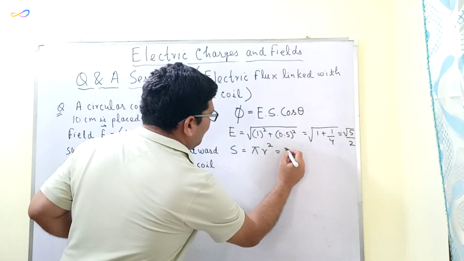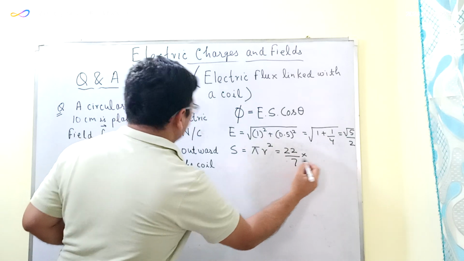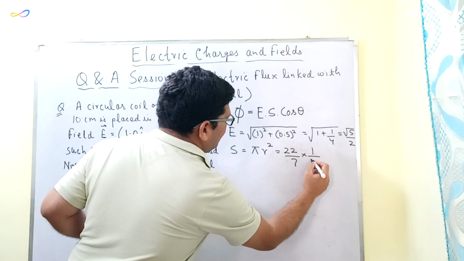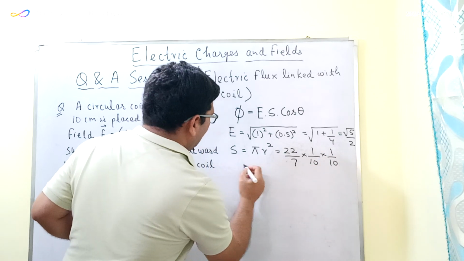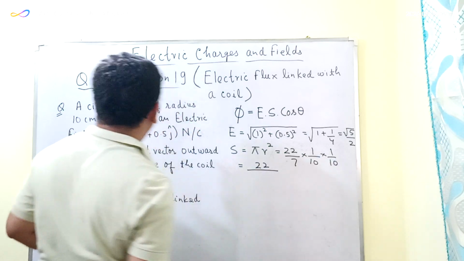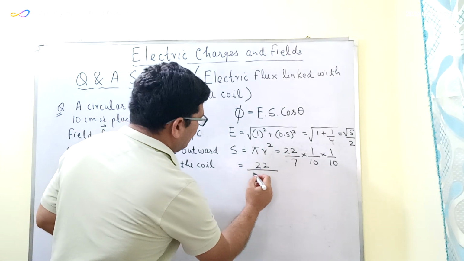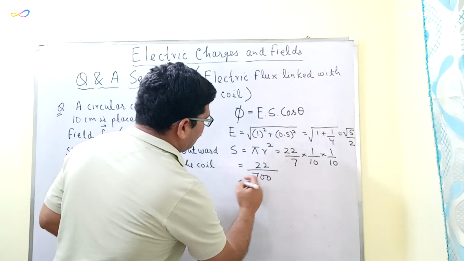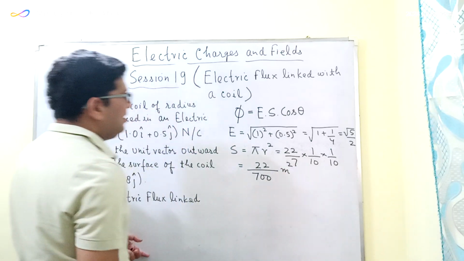So this is equal to pi is equal to 22 by 7, and r is given as 10 centimeters. So I will be converting into meter, which will be equal to 1 by 10 into 1 by 10. So this will be equal to 22 divided by 700 meters square.